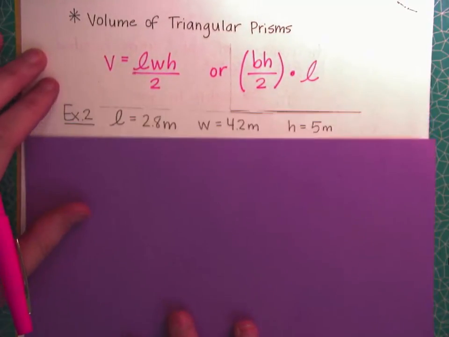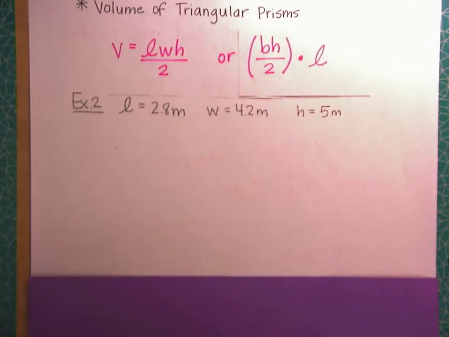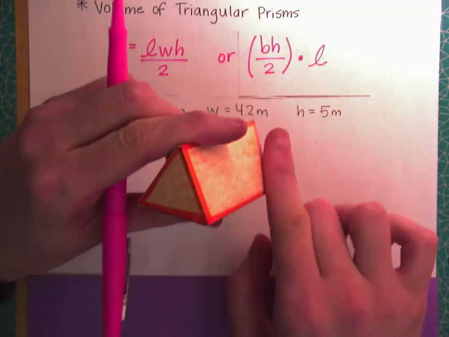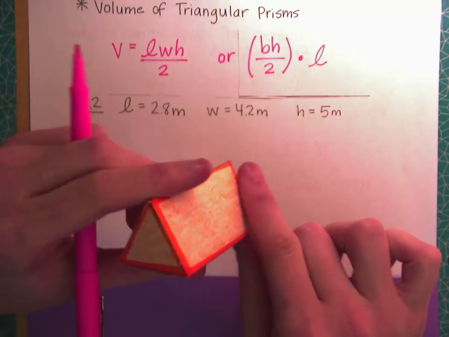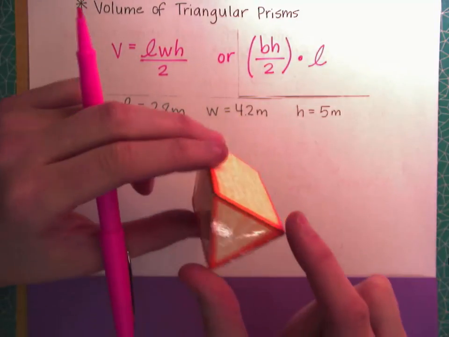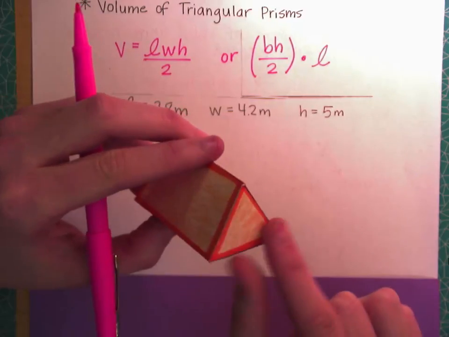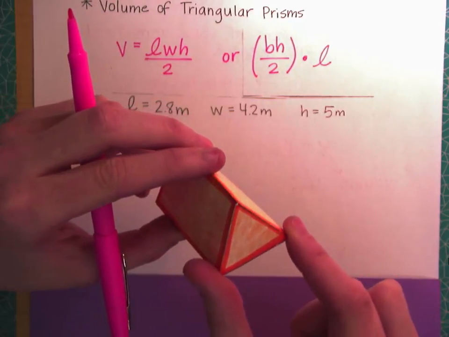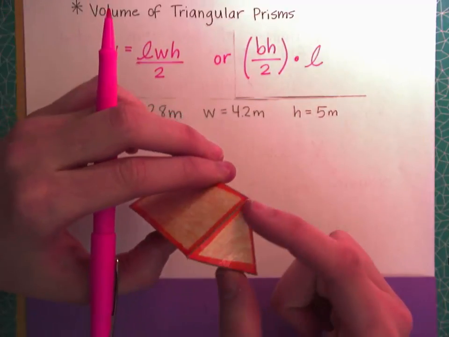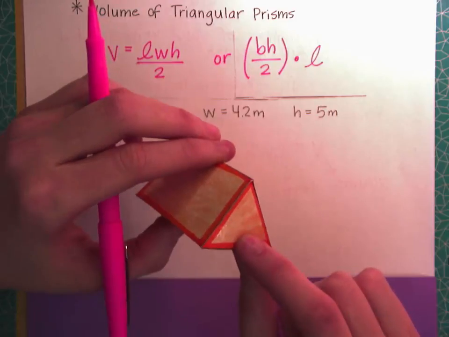Okay, so this first example we're going to do, we've got a length, which would be this edge here, of 2.8 meters, a width, which I'm pretty sure is going to be this bottom edge here, how wide the base is, 4.2 meters, and then the height, which would be the height of the triangle, is 5 meters.